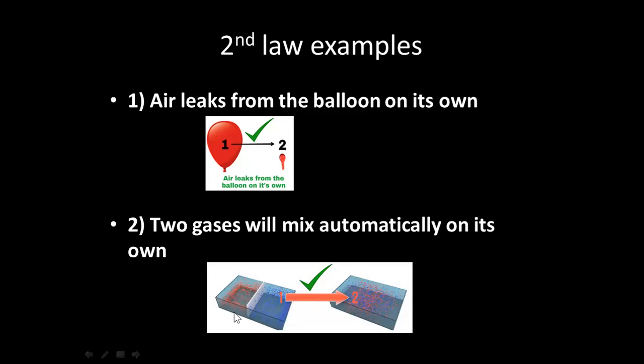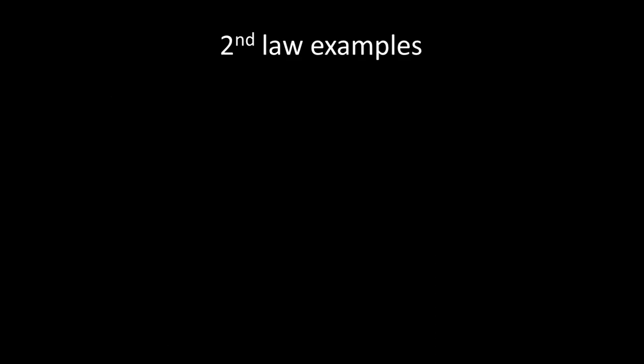If we lift this boundary, the gases will start to mix in the second state. So this is a spontaneous process as the gases mix and equilibrate to a temperature. This is a continuous process within the container. So this is actually the second law of thermodynamics.